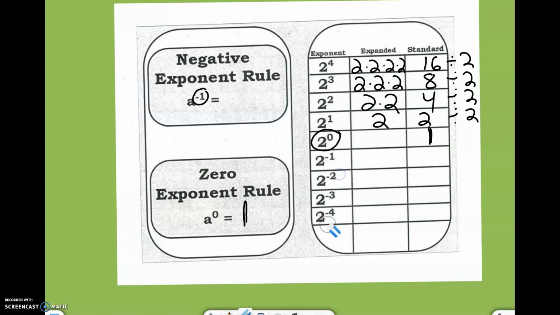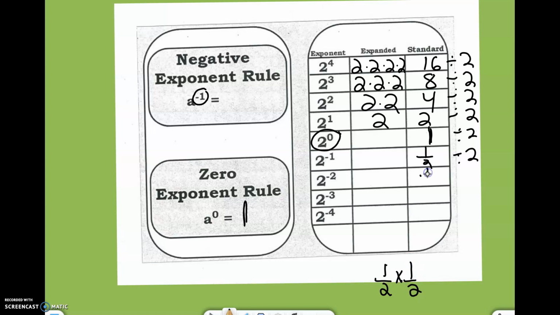So if we continue the pattern and divide 1 by 2, well, 1 divided by 2 would just be a half, right? Now, if we divide 1/2 by 2, if you go back and remember your old rules, we had keep, change, flip.